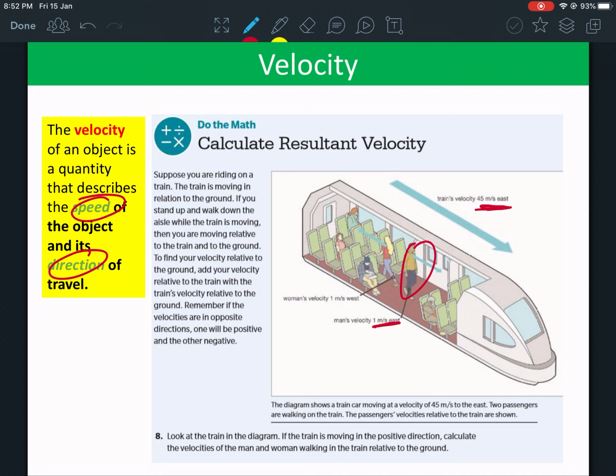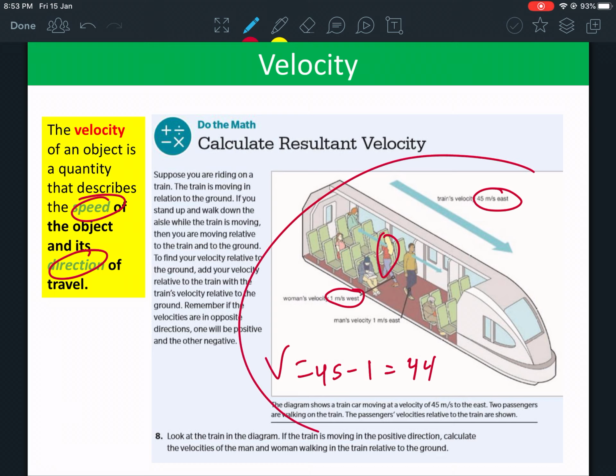So his speed plus the train's speed, the resultant speed, would be 46 meter per second, because he's moving in the same direction. For example, the lady here is moving in the opposite direction. She's moving 1 meter west, and the train is moving 45 meter east. So it would be 45 minus 1, because she's moving in the other direction. It would be 44. That's the resultant velocity.